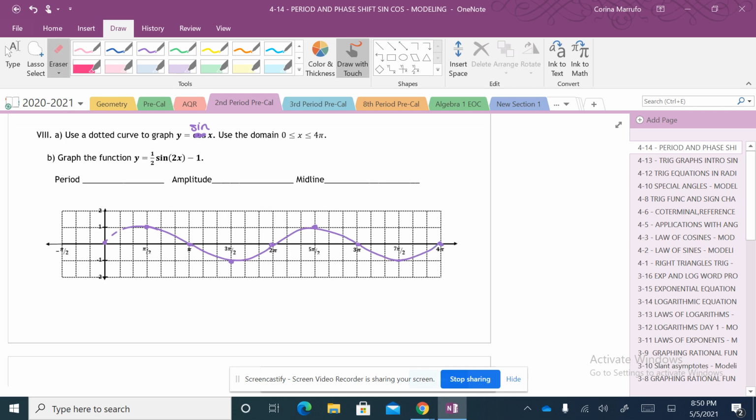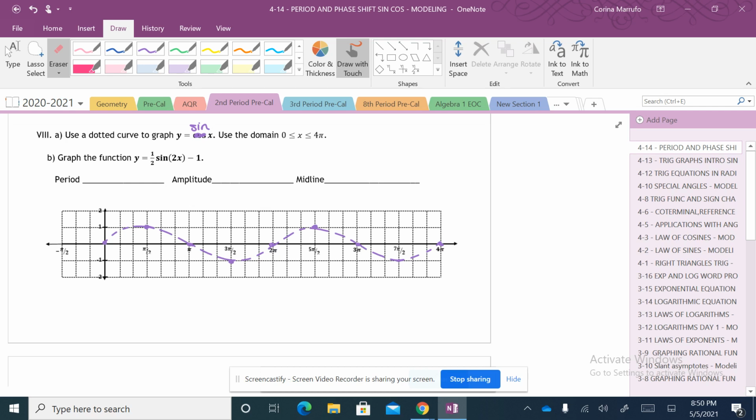I'm just going to make this as a dash line, and this is just kind of like a little blueprint of what we're going to do. It's like a little guide. So then this one says graph the function y equals 1/2 sine of 2 times x minus 1.